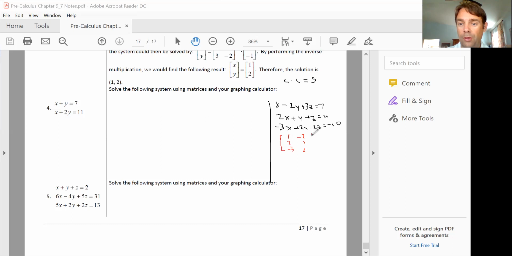And then I have 3, 1, and negative 2. Those are all my z's. So I have my coefficient matrix. And I'm going to multiply that by my variable matrix, which is x, y, z. And when I multiply that, friends, that should end up being equal to my solution matrix, 7, 4, negative 10.